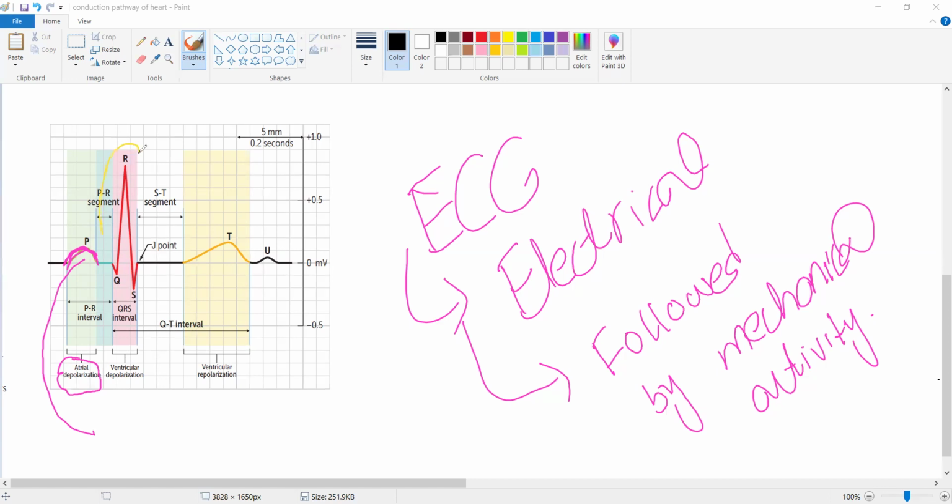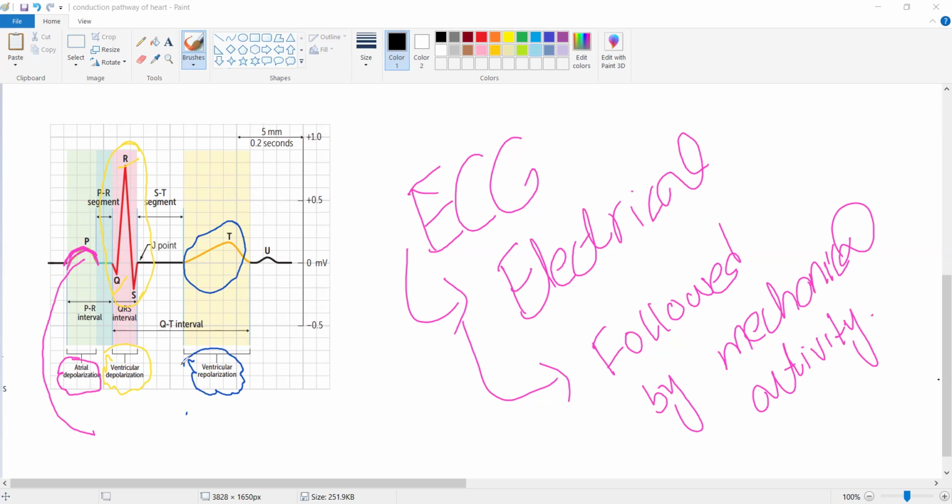The QRS complex represents ventricular depolarization. Next is the T wave. The T wave represents ventricular repolarization.